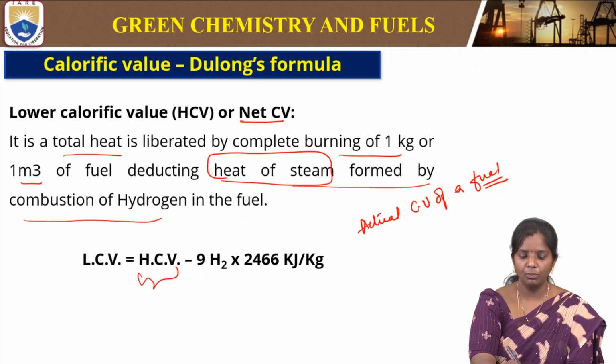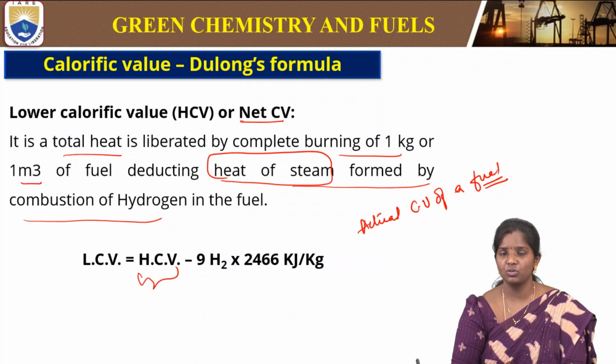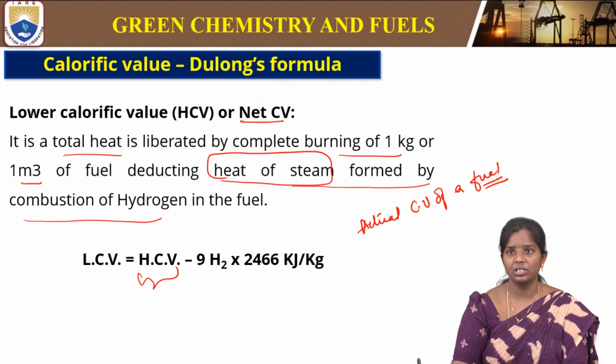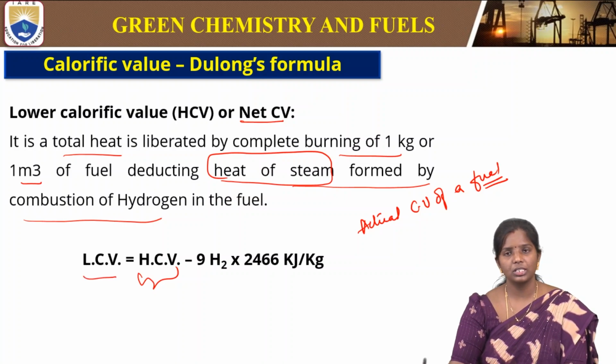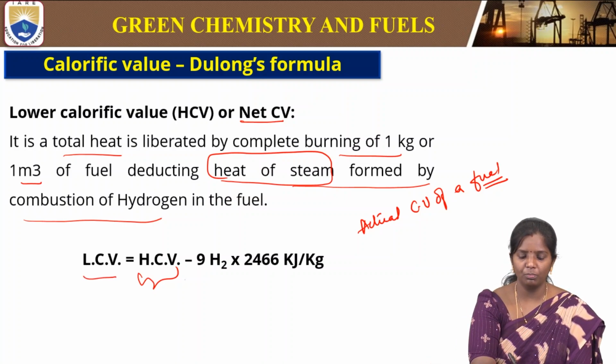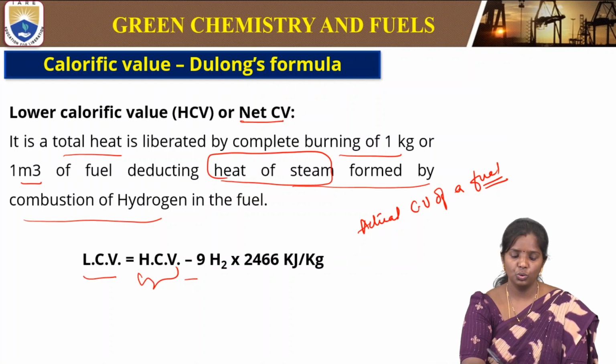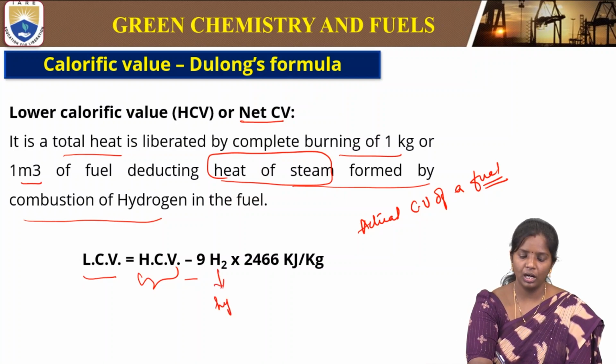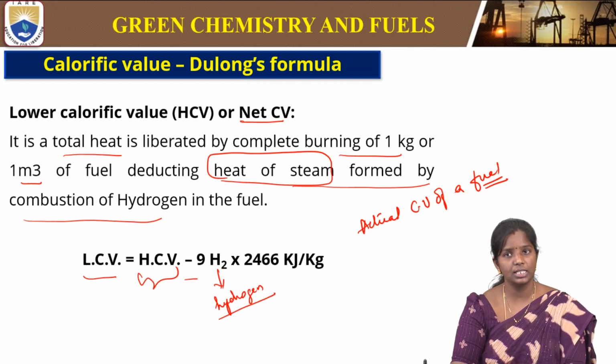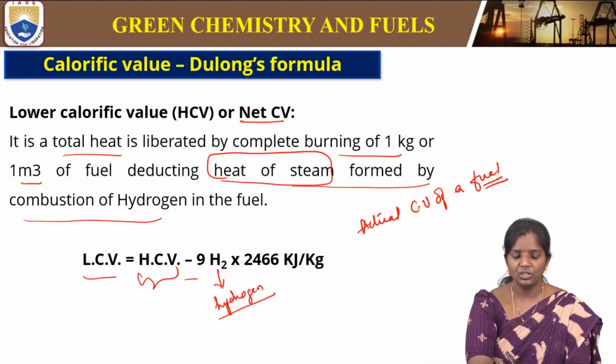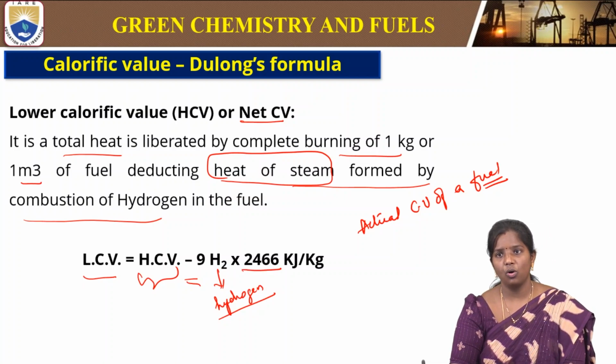To remove that heat of steam, we have to remove it from the higher calorific value that includes it. Therefore, lower calorific value is equal to higher calorific value minus 9 into hydrogen. Why are we doing this? Because hydrogen contributes to producing the steam. Therefore, we subtract that, into 2466 kilojoules per kg.